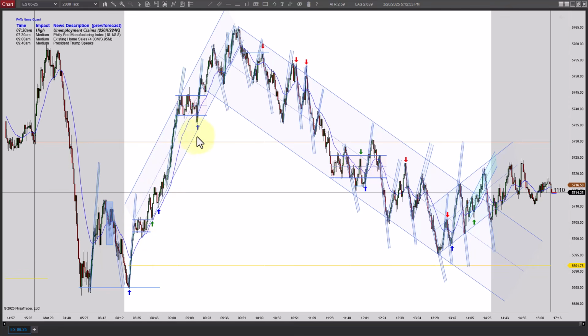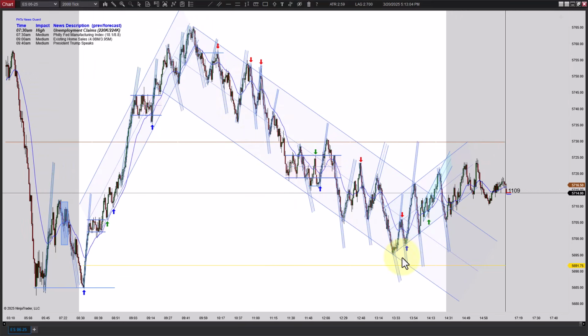We had this big spike and channel up. It looked like we were going to have a really bullish day, and then we got a little close outside here, a couple of legs to a new high, and this thing reversed and just sold off the rest of the day. Well, it sold off into about 1:30, and then we bounced, and it was just kind of up to sideways after that.